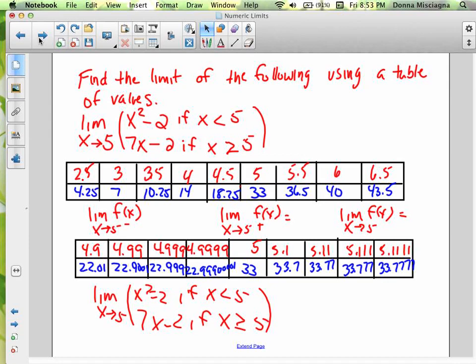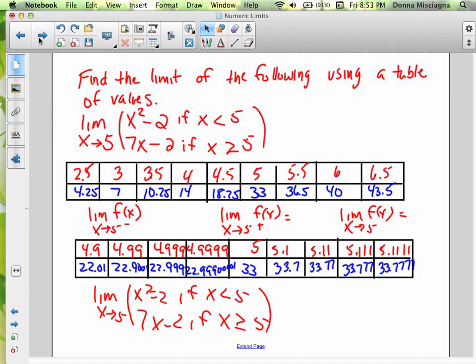So I chose values that were 0.5 away from 5, coming from the left and from the right. Our function is x squared minus 2 if x is less than 5, and 7x minus 2 if x is greater than or equal to 5.